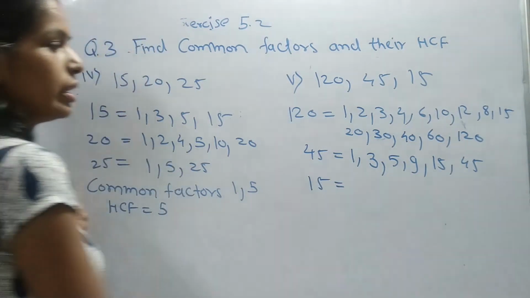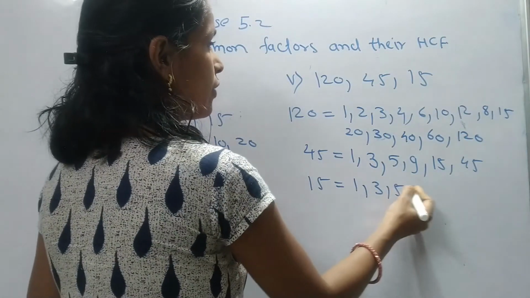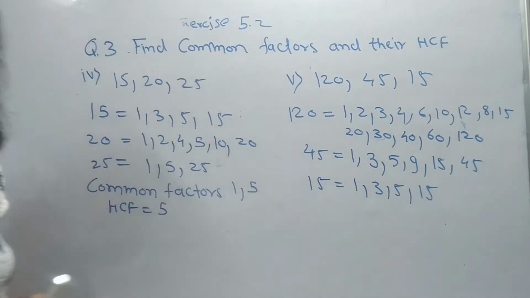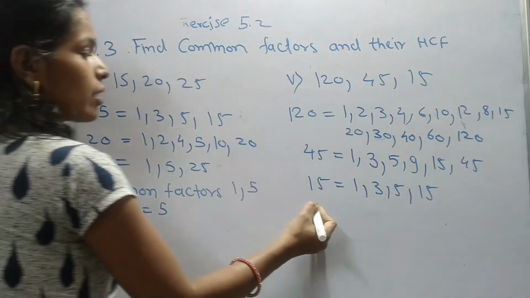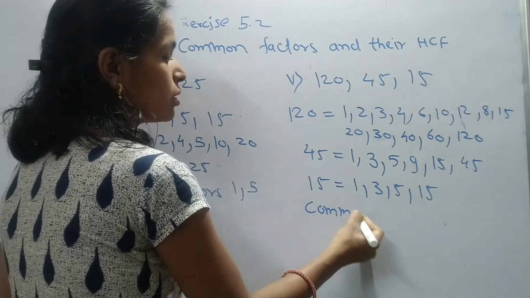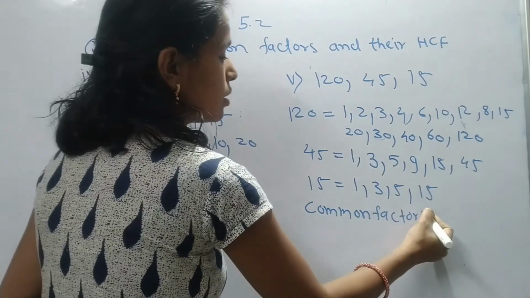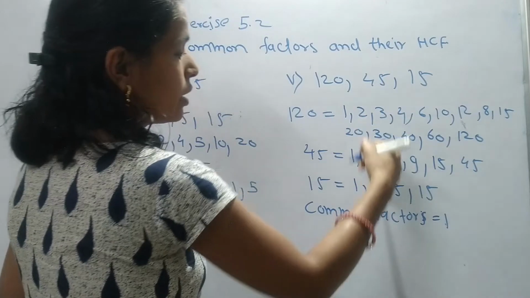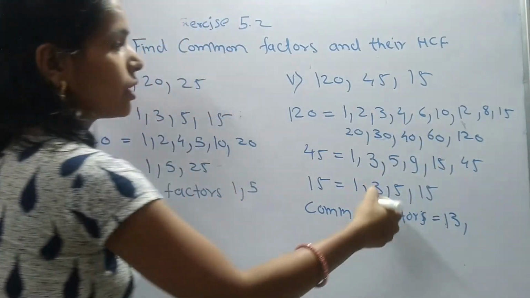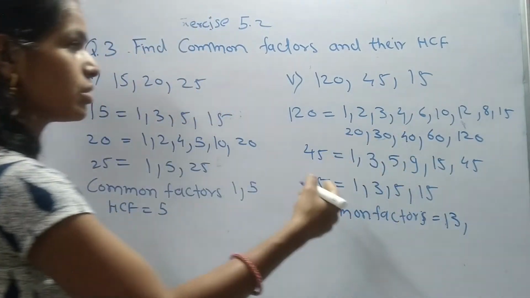What are the factors of 15? It has 1, 3, 5 and 15. Now if you observe carefully, 1, 3, 5 and 15 are the common factors of 120, 45 and 15.